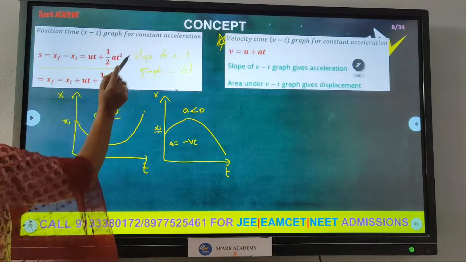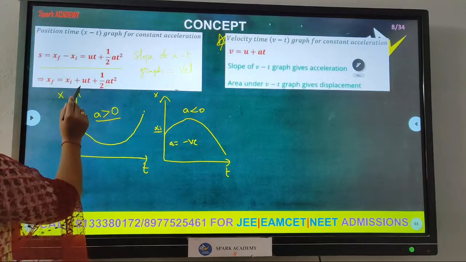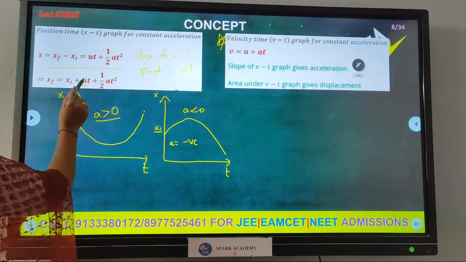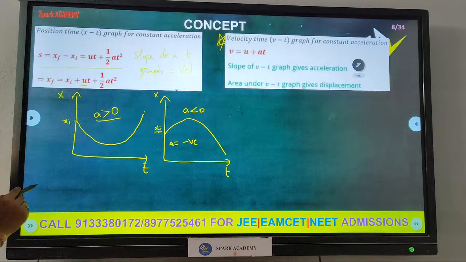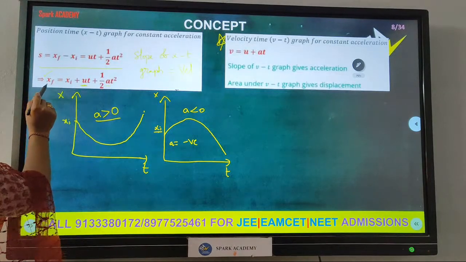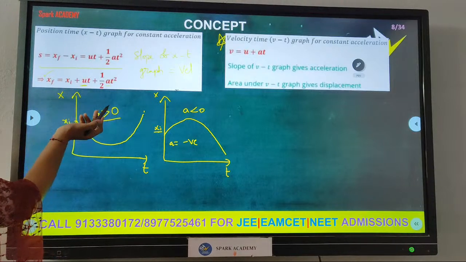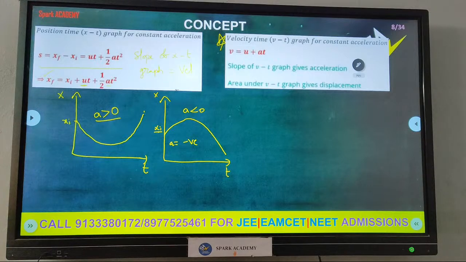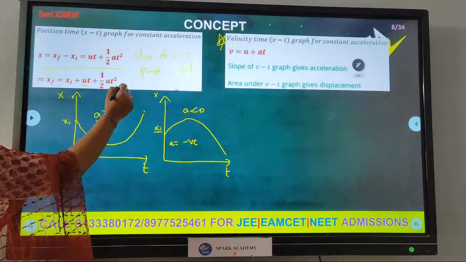It moves with constant acceleration. That will be given in the question, and you can find the velocity at that particular point by taking the slope. Then you can find the final position of the object using this equation.